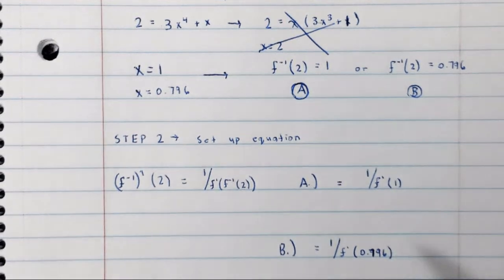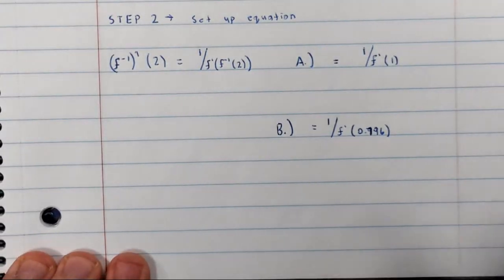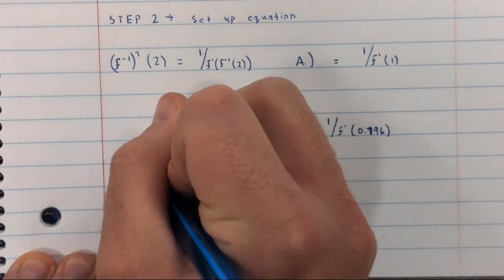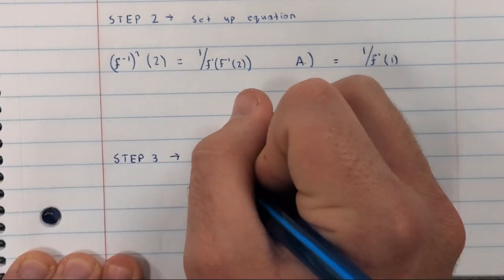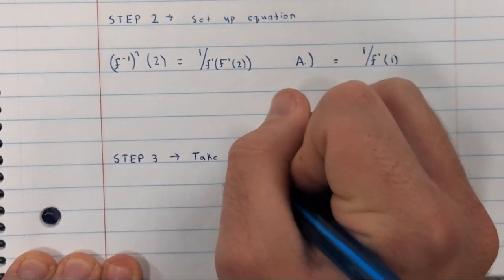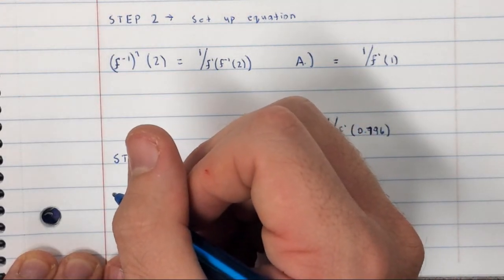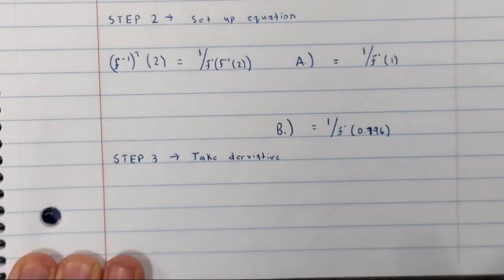Now to get this part, I have to use step 3 and take the derivative. That's not spelled right, but oh well.